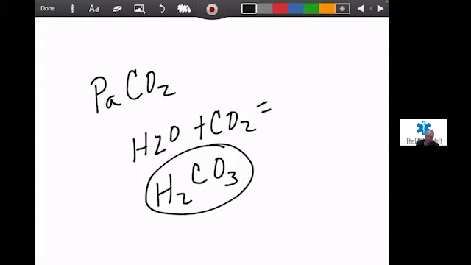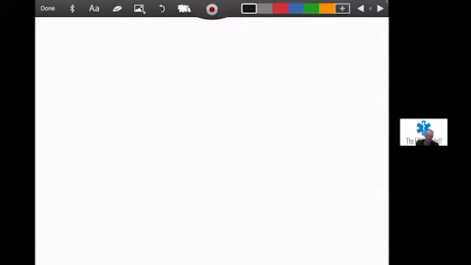Those combine, causing an acidotic state. So when we talk about that PaCO2, we're looking at the amount of carbon dioxide that's floating around the body, because CO2 is the principal acid substance in our body.